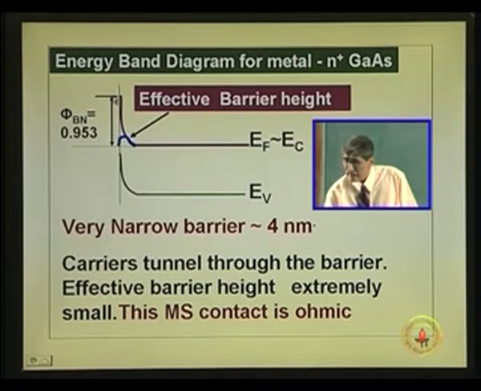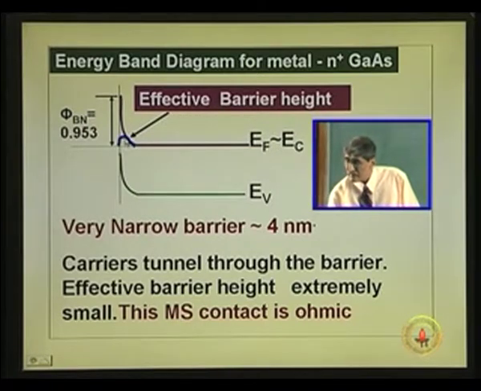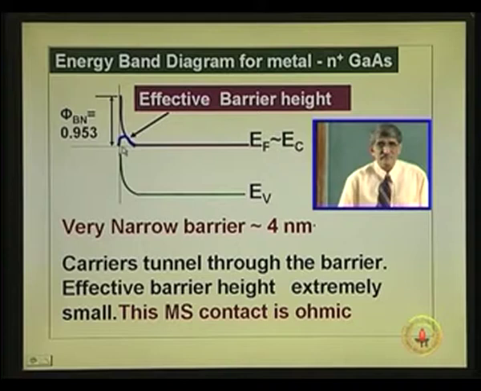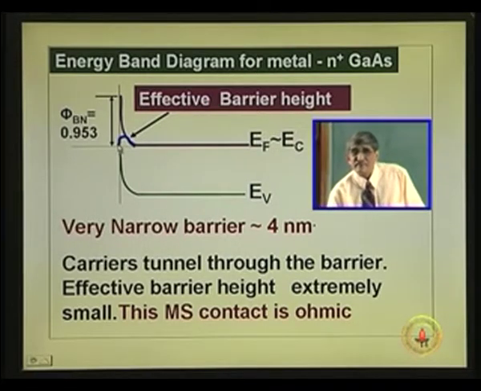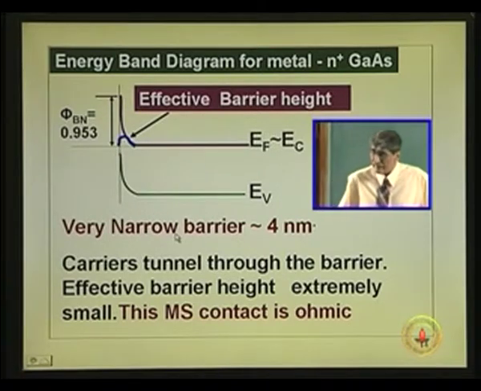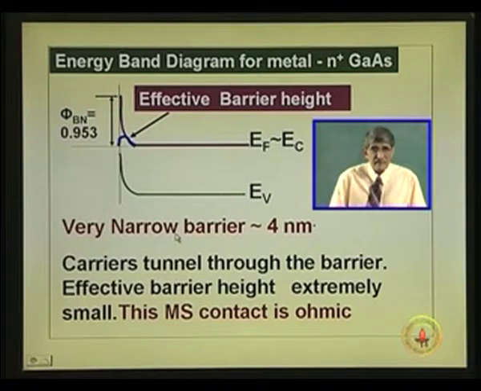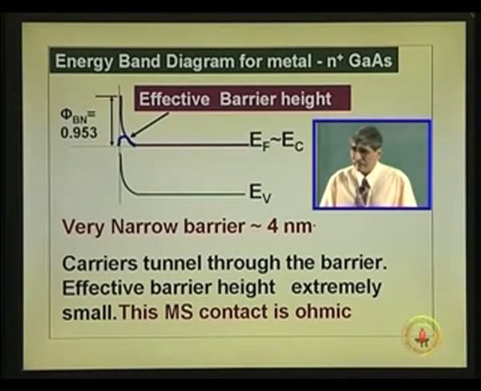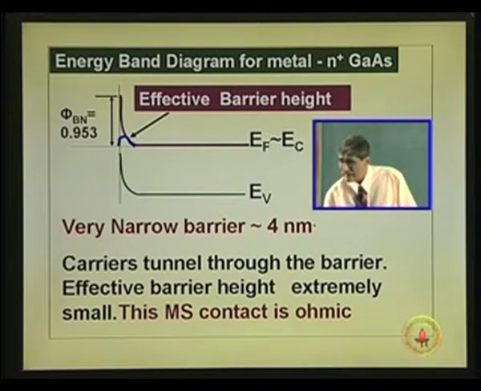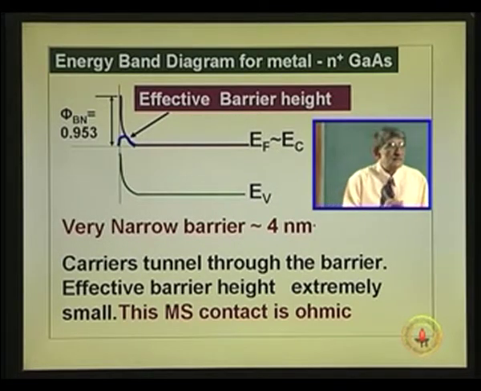So, the barrier height will not be phi b n, the effective barrier height, what I put here is by this line, is very narrow, very small. It is much smaller than 0.953. That is the nice thing about heavily doping. So, when you dope very heavily, whether it is silicon, gallium arsenide or indium phosphide, whatever it is, the barrier height becomes automatically very small, because whatever barrier is there, that is very thin, so carriers tunnel through that.